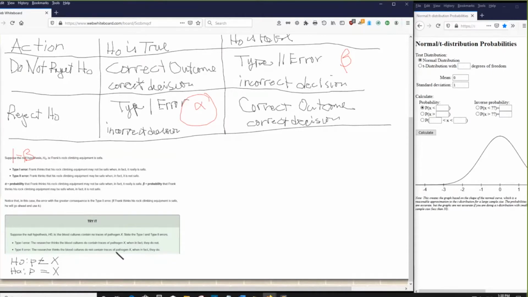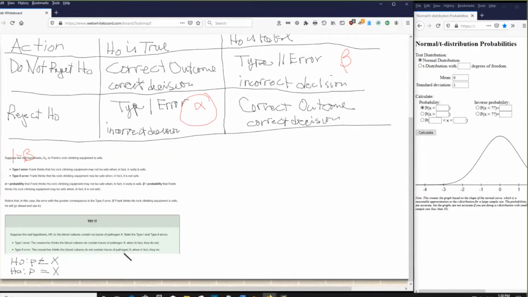And then the type 2 would be that we do not reject the null hypothesis, even though it is false. So the type 2 error would have the greater consequence because we would think that the blood does not contain any pathogen when it really does. Okay?